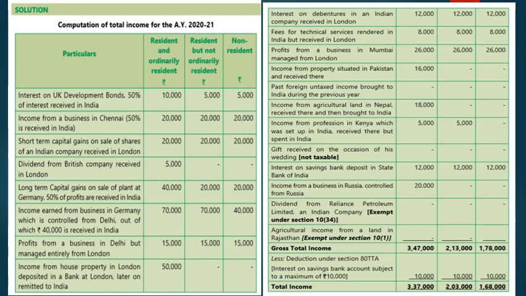But other foreign incomes are not taxable. And for non-residents, all foreign incomes are exempted. Only incomes accrued or received in India, or deemed to accrue or deemed to be received in India, are taxable.